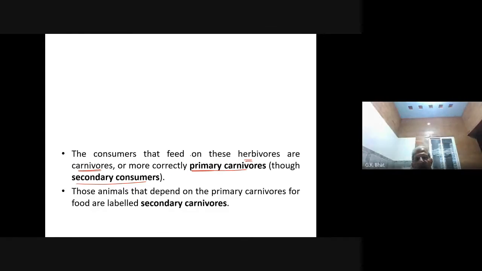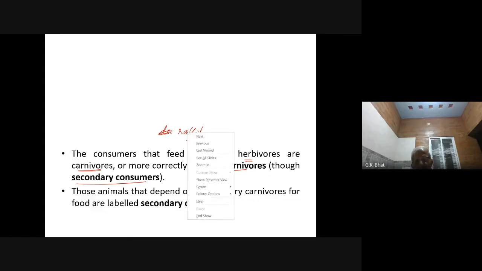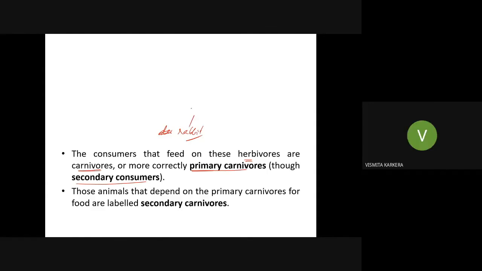Here in our example, deer or a rabbit is primary consumer. Rabbit is also herbivorous.